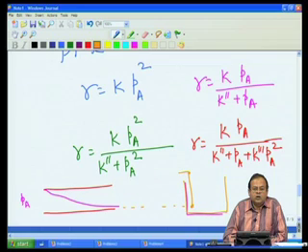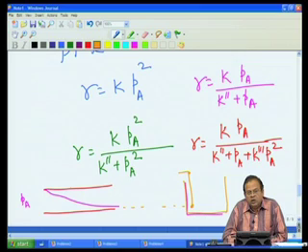But if for example, there are situations where the rate of reaction actually increases up to a certain point and then starts decreasing. So, at high concentrations the rate is low actually and reaction rate is high at some intermediate concentration.